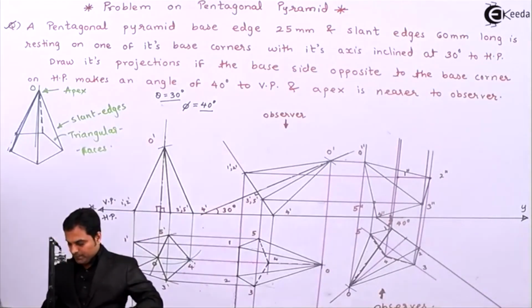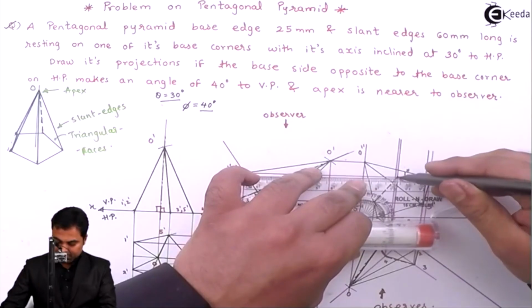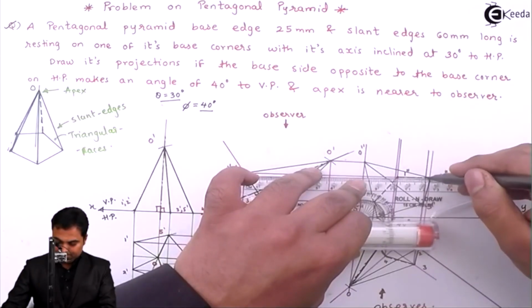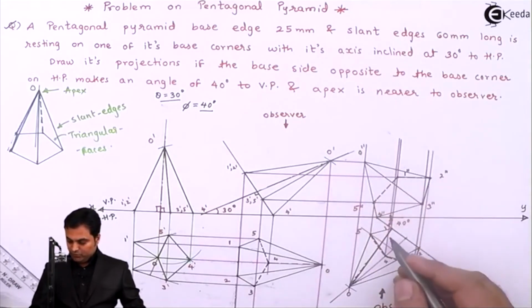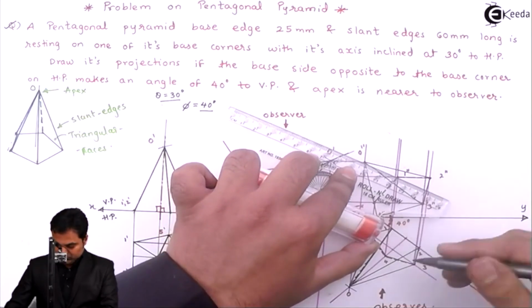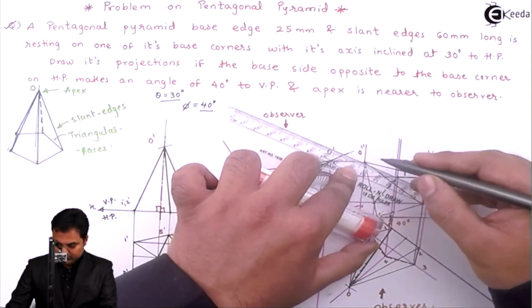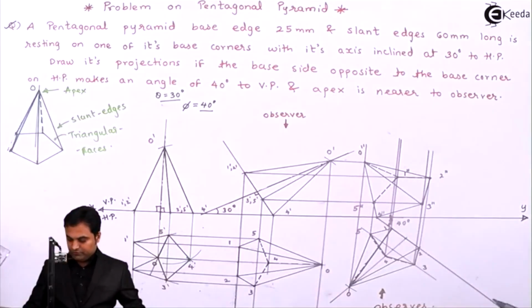So connecting them with a dotted line, and finally 1 double dash will be connected to O, that is also going behind the observer, so that should be drawn with the help of a dotted line.